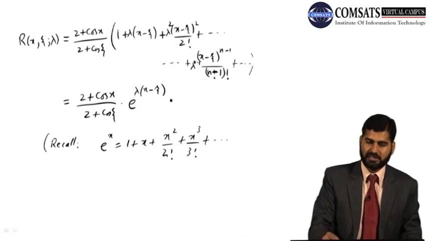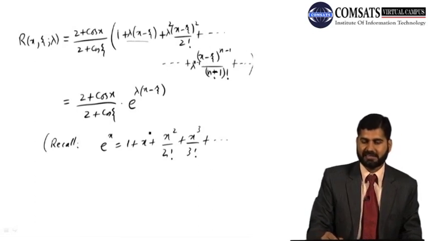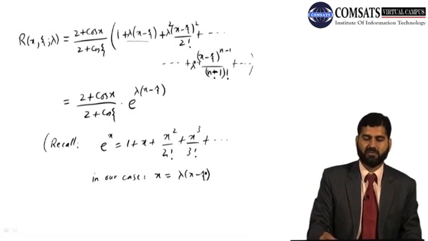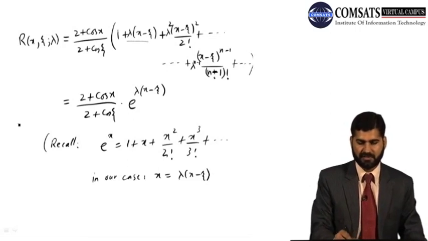So what is x? X is this whole thing, and the square of this whole thing, and so on. So x is lambda (x minus xi) in our case. That's why we got e to the power lambda (x minus xi). So this is our resolvent kernel.